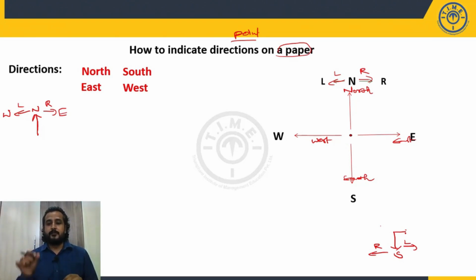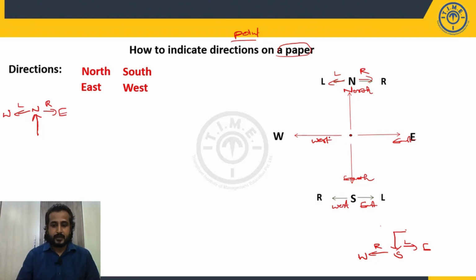Please think from the point of view of the person who is moving in that particular direction, not from your point of view. So for south, the left hand side is east and the right hand side is west.